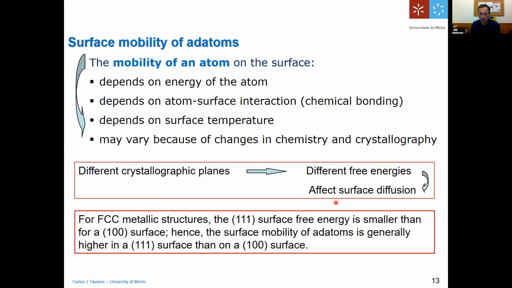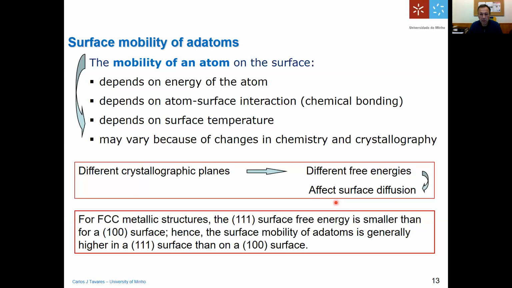Conversely, if you look at the 100 surface, which has a higher surface free energy, there is a greater chance that these atoms, when they run on these 100 facets, will be imprisoned, and they will start to nucleate favorably in these kinds of planes.